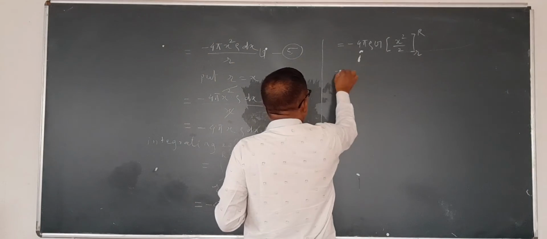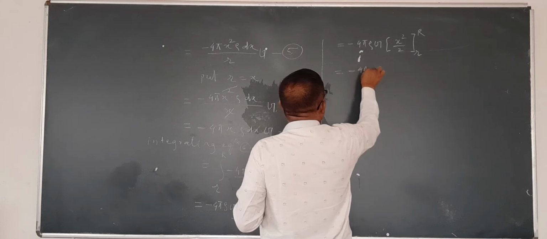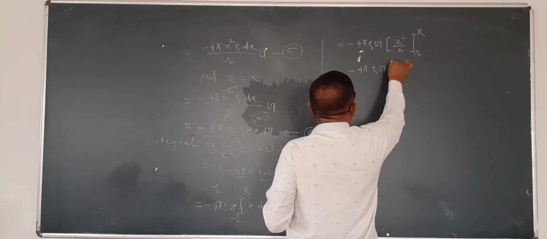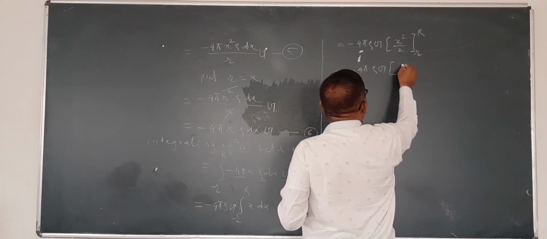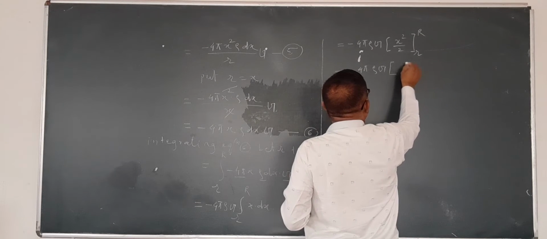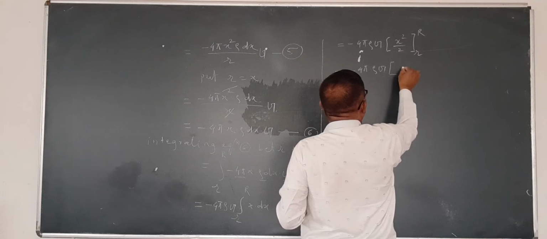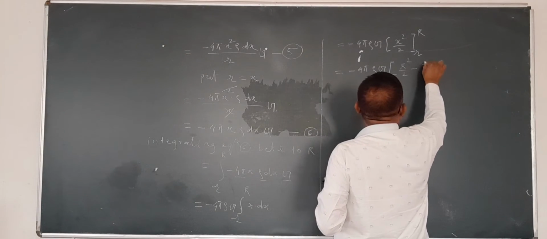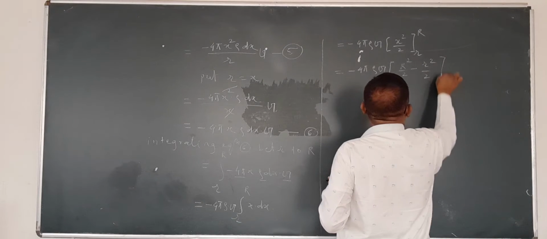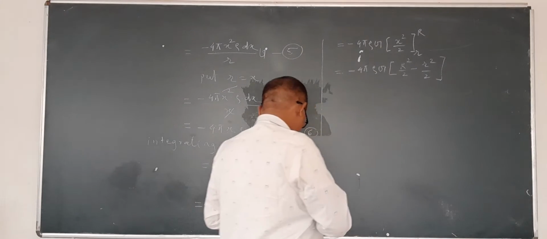Now, solving this, minus 4 pi rho g into, putting the upper limit and lower limit in place of x, therefore it is R square by 2 minus r square by 2.